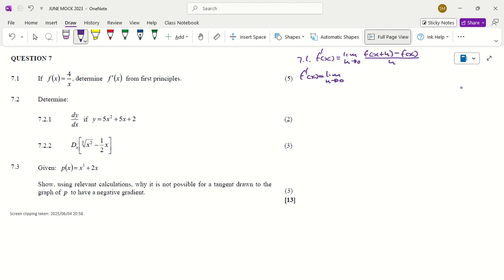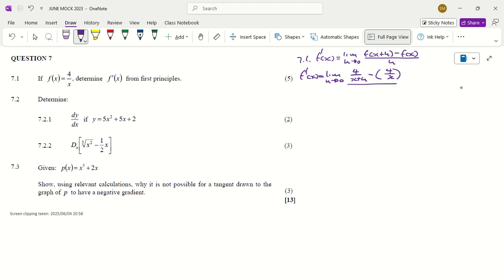Then now we'll have that the derivative is equal to the limit of h approaching 0 of f of x plus h, where we simply put 4 over x plus h, substituting x plus h into f of x, minus 4 over x. So that is very simple.